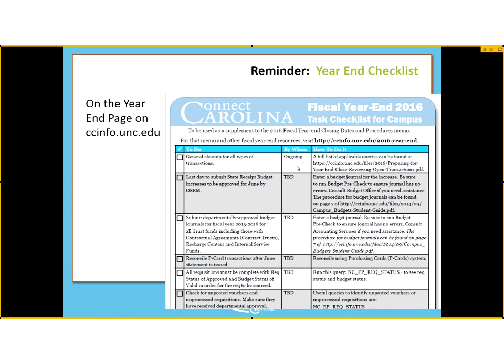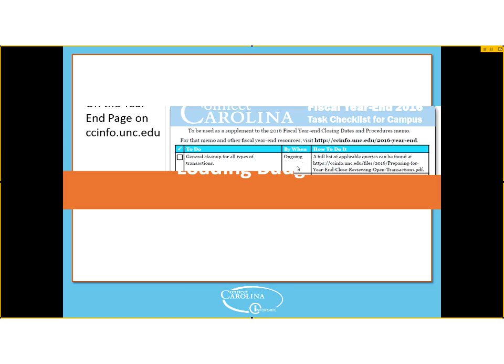But just as soon as we get the final notice from accounting services and disbursement services and all those central offices about those final dates and deadlines, this checklist will be updated. It'll be reposted to CC Info. But there are some things you can start doing and preparing for now. So go ahead and grab this checklist and start using it. But stay tuned for the dates when they come out for this to be updated with those dates. I saw lots of cubicles around campus last year with this pinned up beside the computer. So it's a really, really handy tool to use.